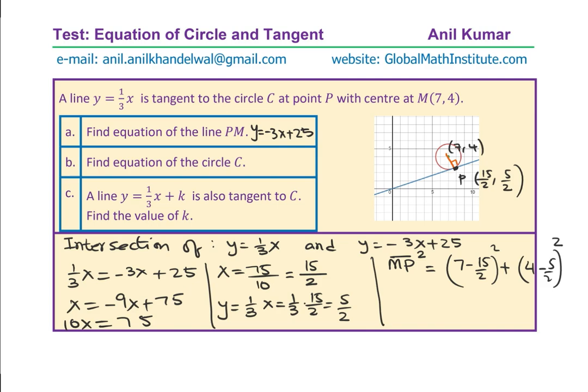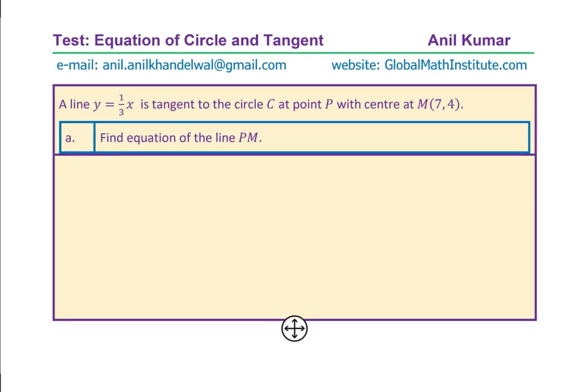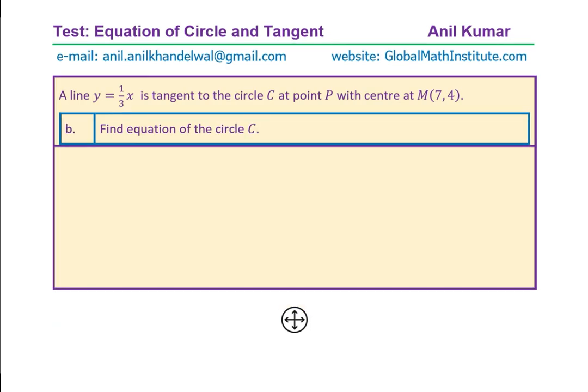That will give you the equation of the circle, more or less, right? So let's work this out on a fresh page. We got this point as 15 by 2, 5 by 2, right? We already found the equation of the line. Now let's find the equation of the circle.